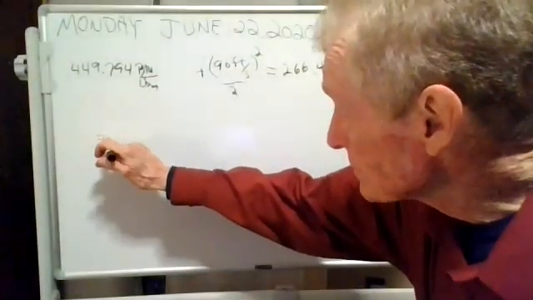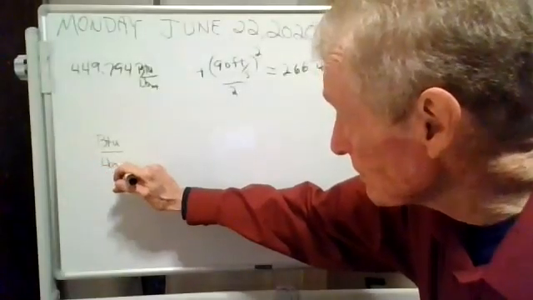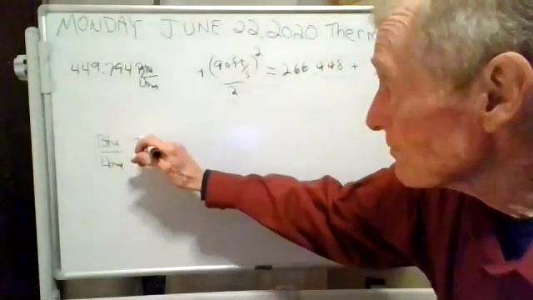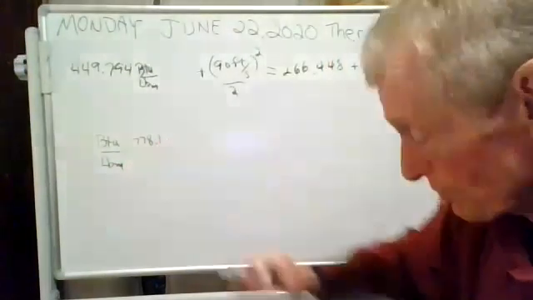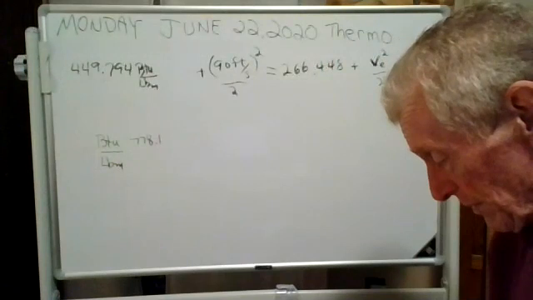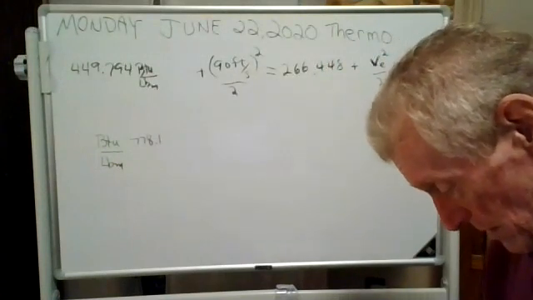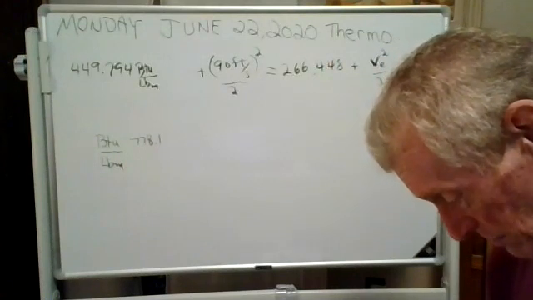If you take a BTU per pound mass and multiply it by 778, I think it's 0.1. I can never remember. Let me look it up here and we'll see what it is. It's 778.